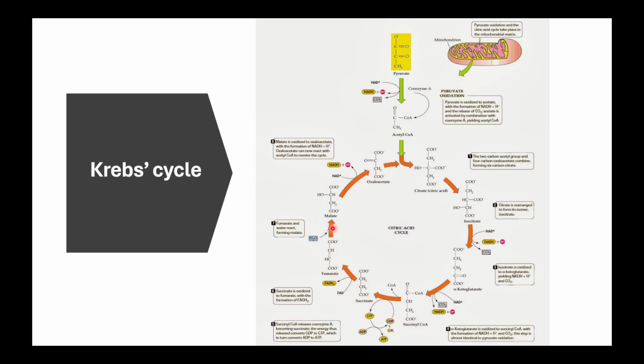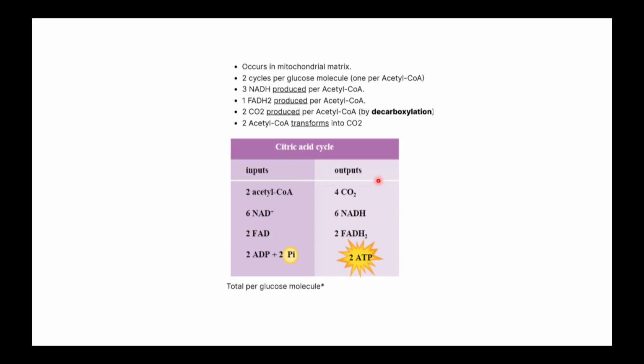And then when fumarate forms malate, it uses up a water molecule. Malate is again oxidized to oxaloacetate, using another molecule of NAD plus to form NADH plus H plus, and this oxaloacetate can again combine with acetyl CoA to form citric acid. So this way the Krebs cycle pathway goes on.